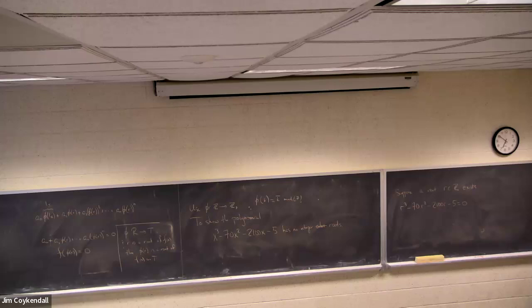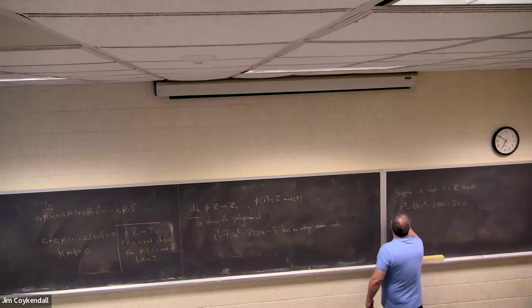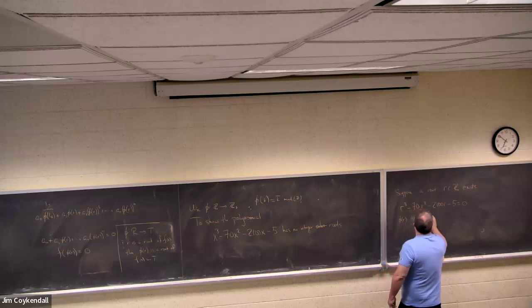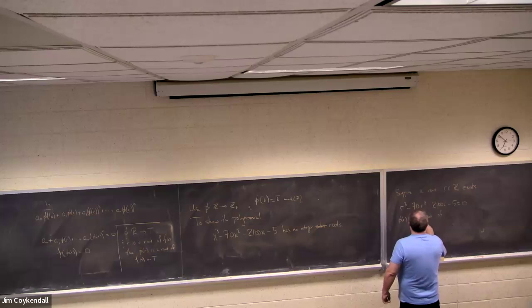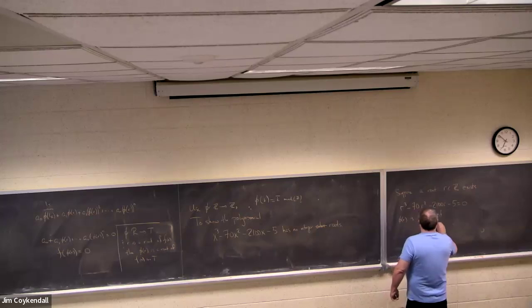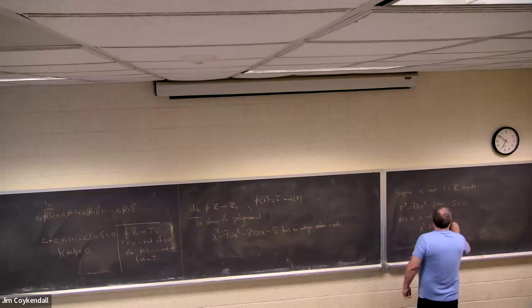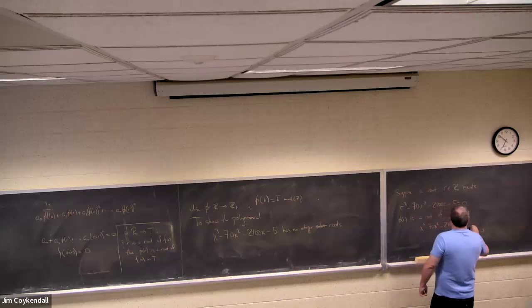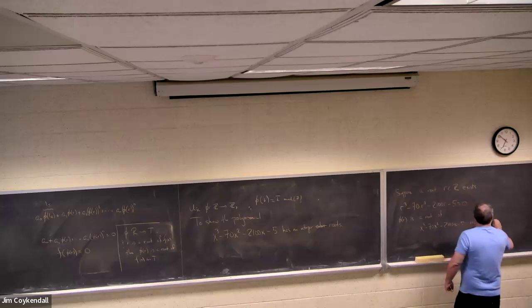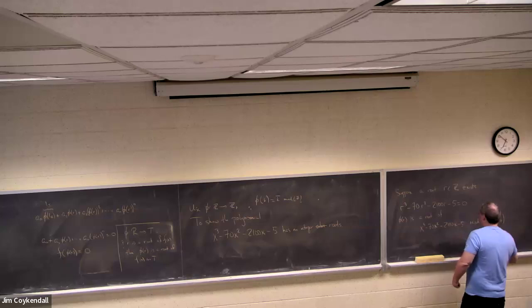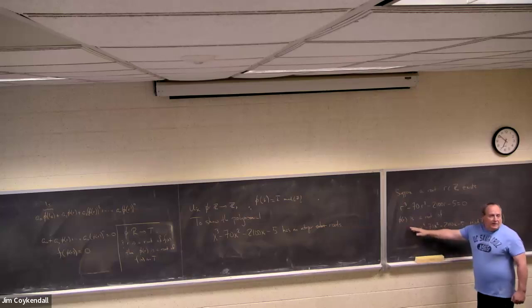So this means that phi of r is a root of the same polynomial mod 7.